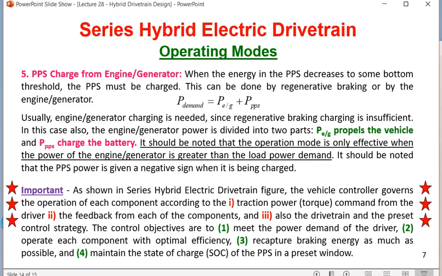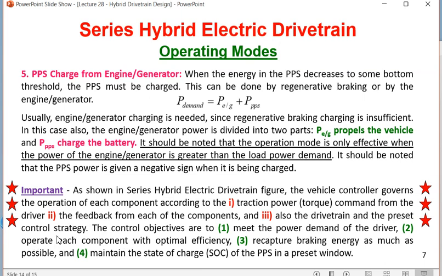So there are many signal inputs coming from the different components of the vehicle. The status of all those signals is also a determining factor for how much power the engine generator and the peaking power source should produce. Third thing, the drivetrain's preset control strategy.